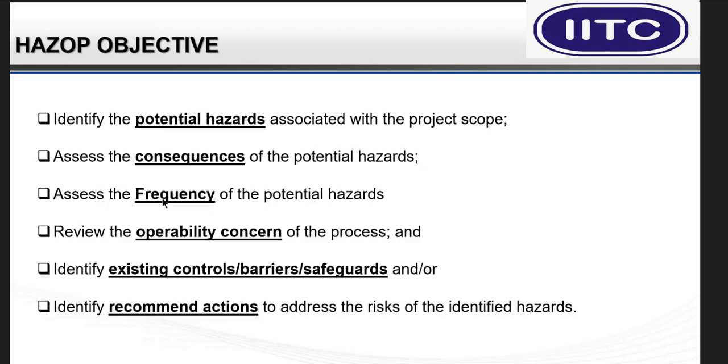We will follow the company risk matrix to identify the frequency, and we will take team opinion about the frequency, specifically company, operation, maintenance, and the team. We will also review the operability concerns, if any, of the chemical injection package. And of course, we will identify all existing safeguards, control measures, and barriers.